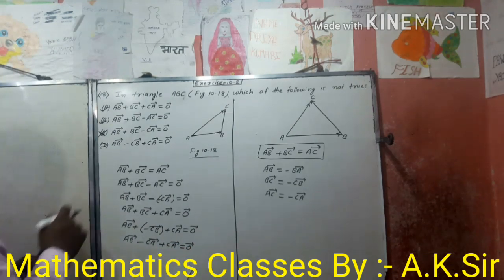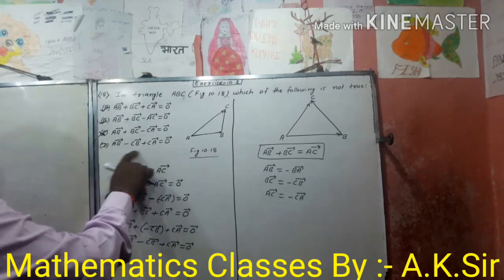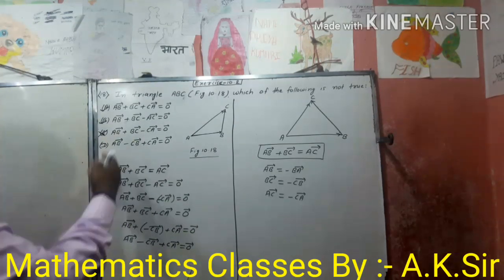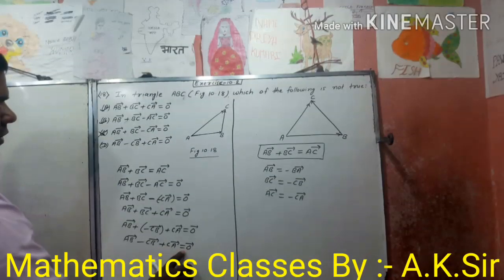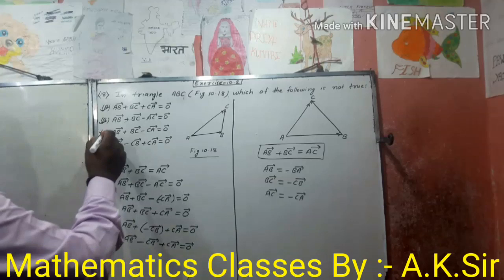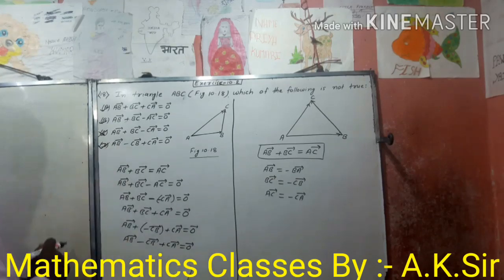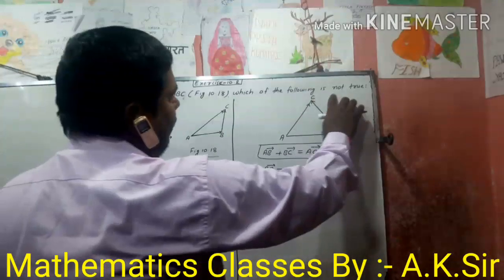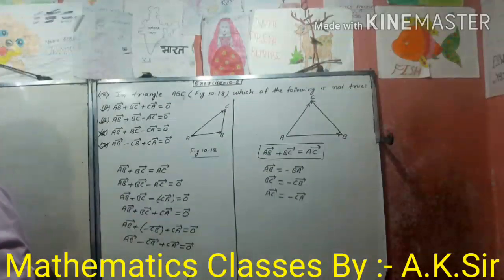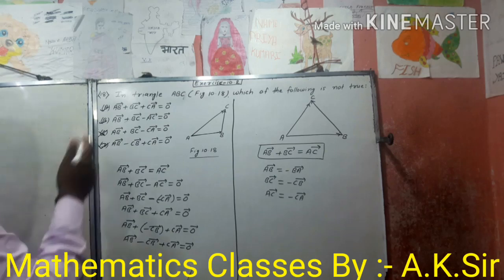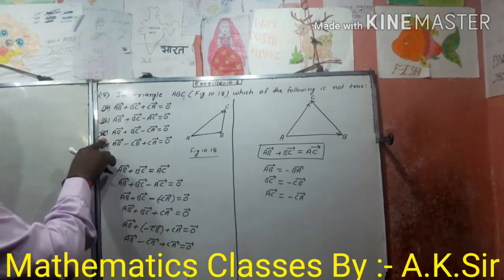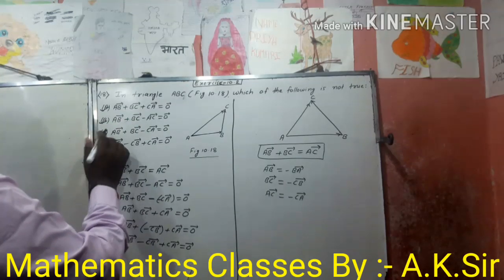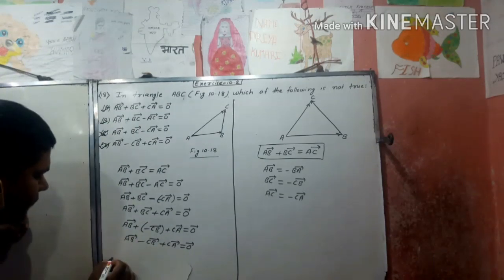It means option D is also true. But we choose which of the following is not true. We have obtained that option C is not true, so our answer is option C.